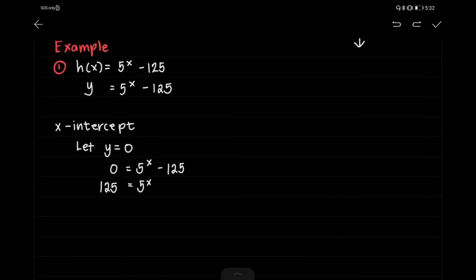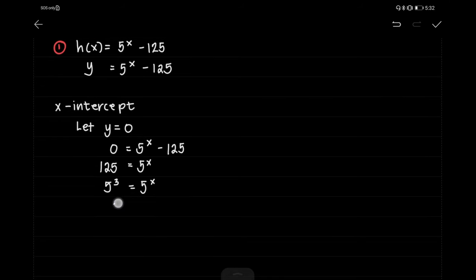So we know guys, ang 125 is just equal siya sa 5 cube. And of course, ang bring down lang natin yung 5 raised to x. So dito, equal na yung base natin. Pag equal na yung base natin, i-bring down mo na yung ating exponent. So, ang exponent natin dito is 3, which is equal to x.